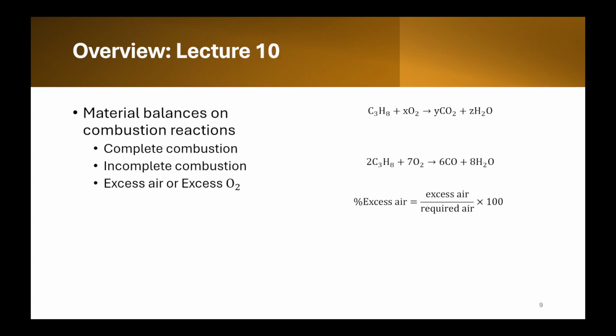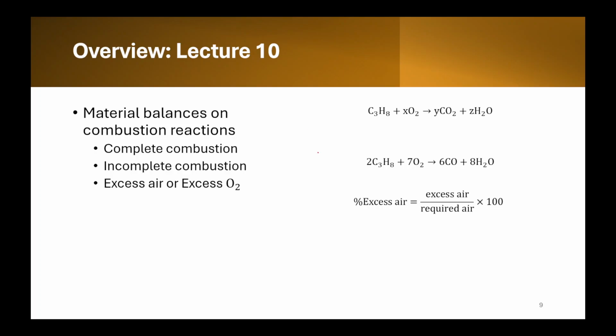Next, material balances on combustion reactions were dealt with, and in that we saw complete combustion, incomplete combustion, and excess air or excess O2. Suppose you have a fuel and you burn it; that is what is called combustion. Burning or oxidation of some fuel is called combustion.